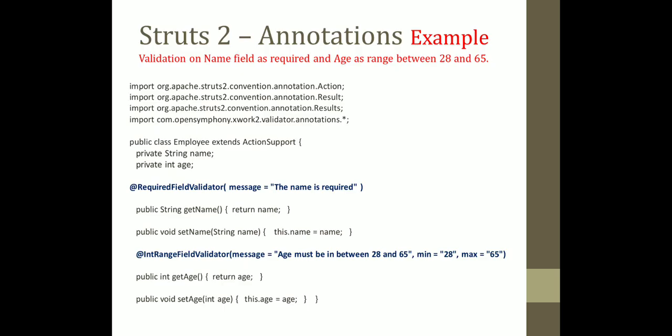We have just included the annotations, that is the required field validator and, second, the int range field validator, and the message passed is for the condition that we are going to check. So this is all about the annotations that are used in Struts2, and this is also the end of this unit.